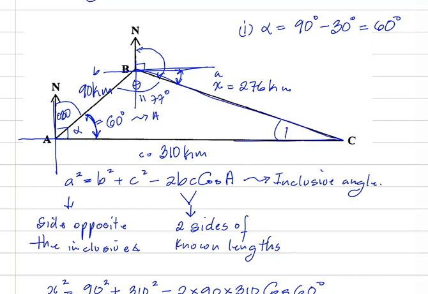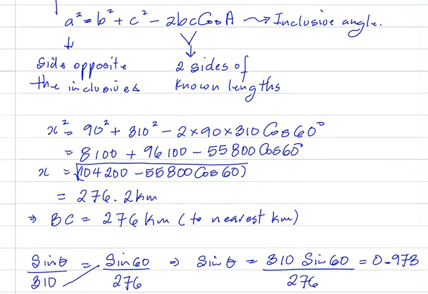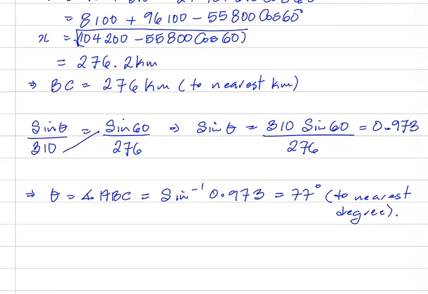I'm going to call this angle beta. So let's find beta. The three angles in the triangle are 60 degrees, 77 degrees, and beta. All right, and the angles in a triangle add up to 180 degrees. So from that, I can easily say that beta would be equal to 180 minus 60 plus 77.